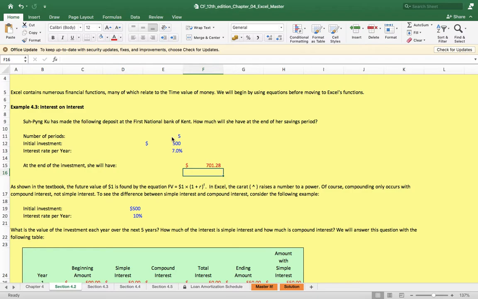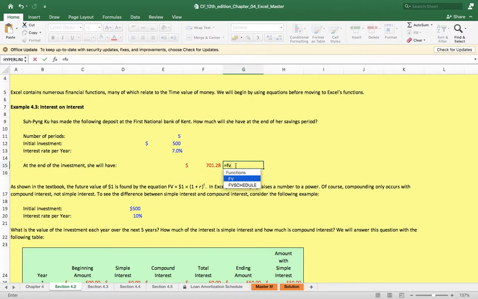This is straight using the formula. If we are using the formula, there is no point of using the spreadsheet. The spreadsheet has inbuilt functions. There is a future value function in the spreadsheet which you can calculate here: equal to future value. Click here, future value. What is it asking?